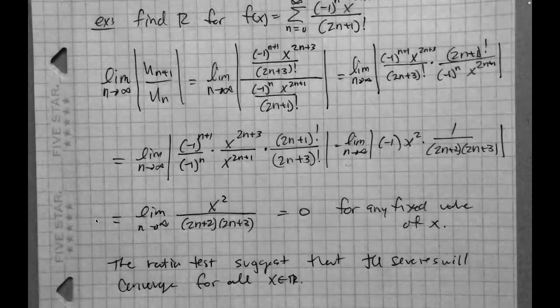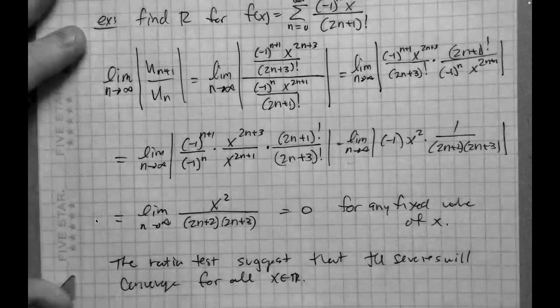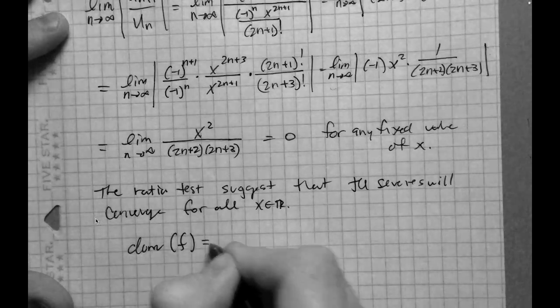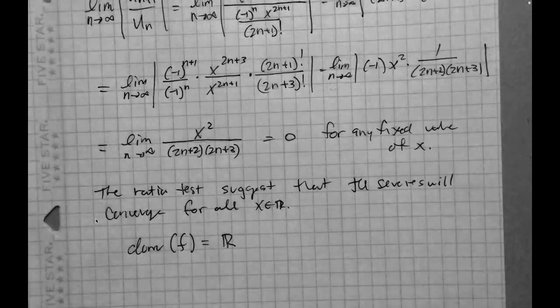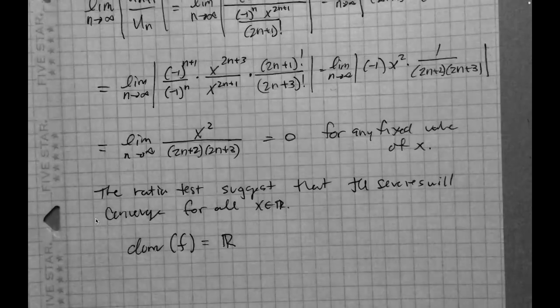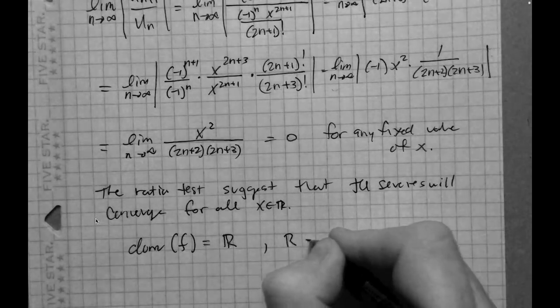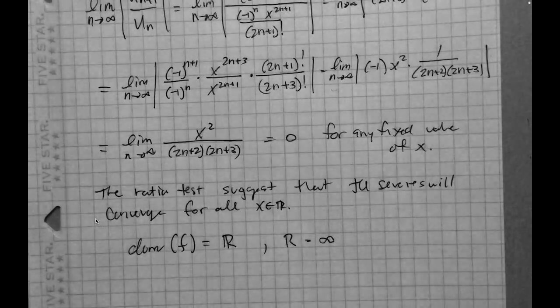So this is an example where the domain of the power series is R. So the domain of f is the whole real number line. And in this case we would also say that the radius of convergence is infinite. So basically everything.